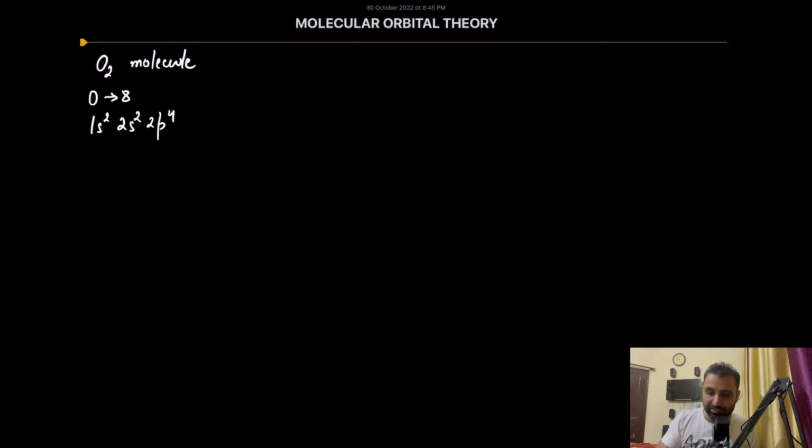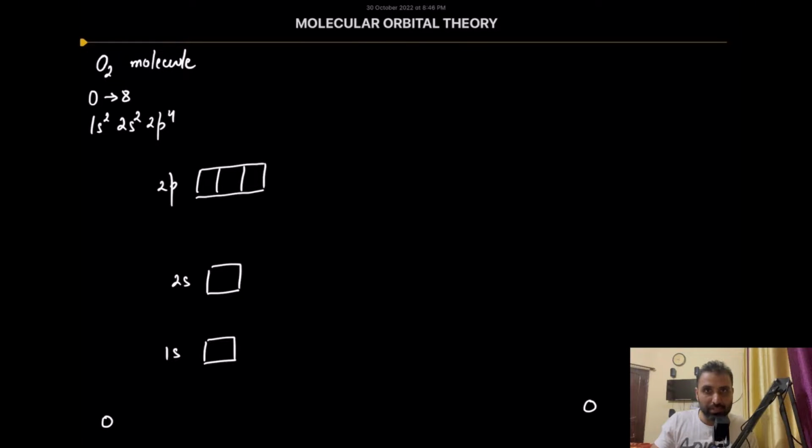So I am taking my first oxygen atom on left hand side and second oxygen atom on the right hand side. That's the 1s of first oxygen atom. That's the 2s of first oxygen atom. And that's my 2p of first oxygen atom.